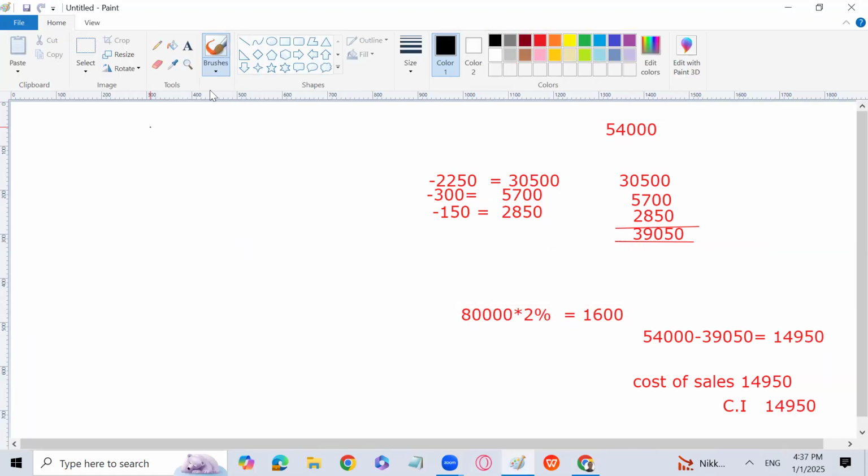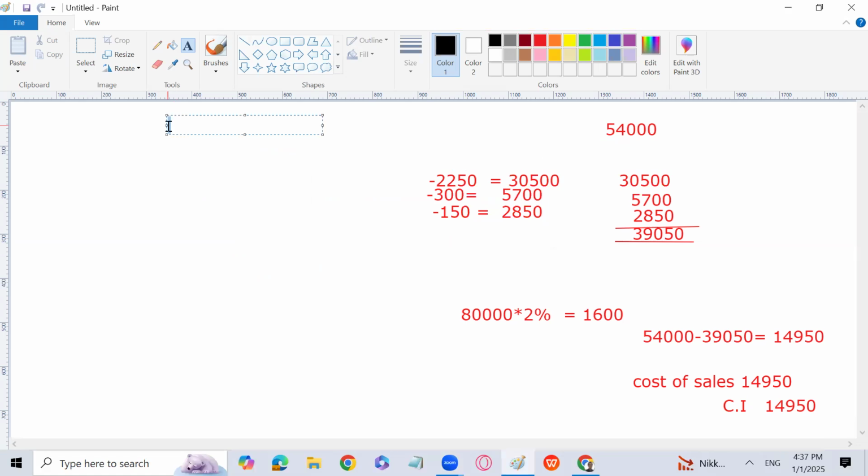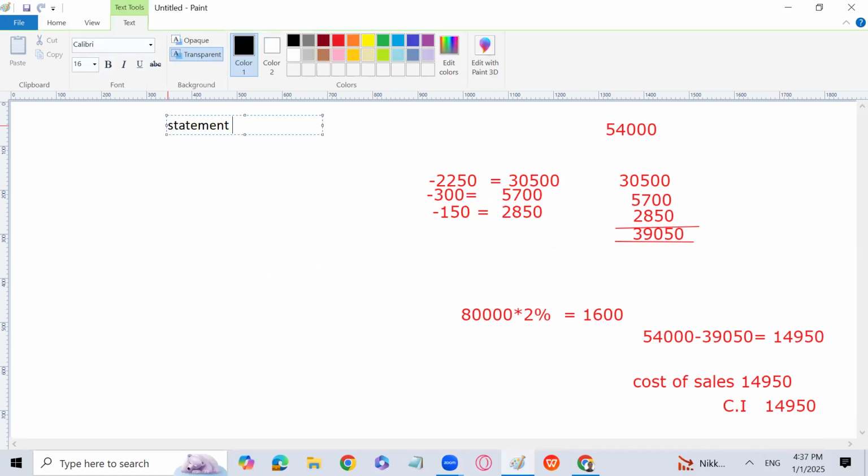So let's prepare the statement of changes in equity. We will start from ordinary share capital. Then comes the share premium, if given. Then comes the general reserve; I think general reserve is not given in this question.